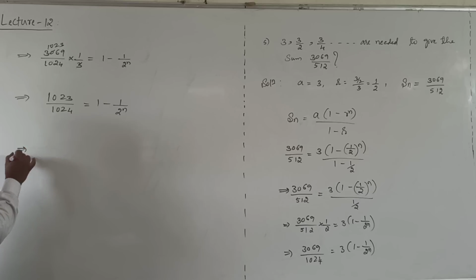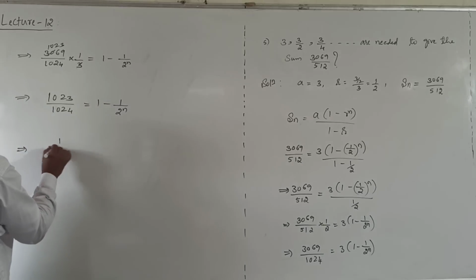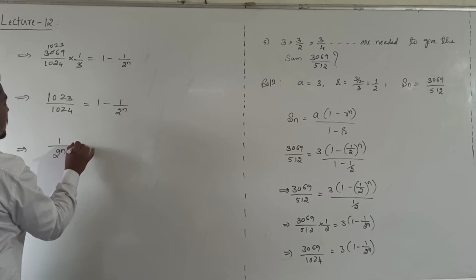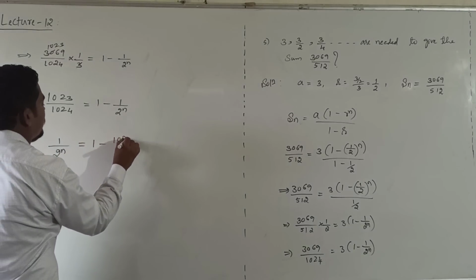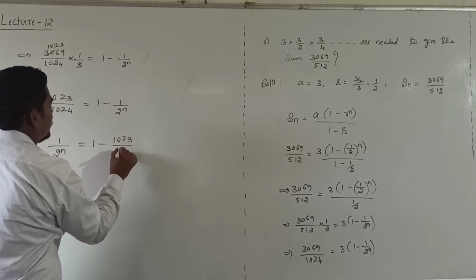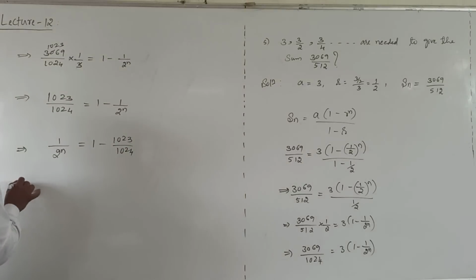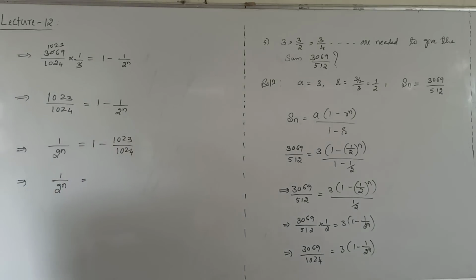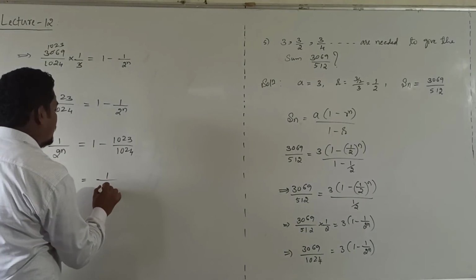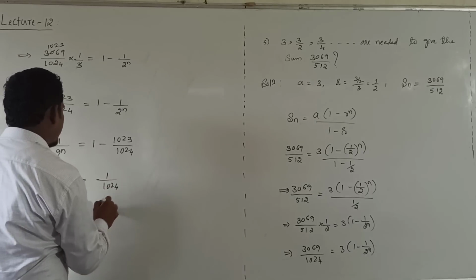Just rearrangement, send it to RHS. 1 divided by 2 power n is equal to 1 minus 1023 divided by 1024. Then, taking LCM, 1024 minus 1023, it will be 1 divided by 1024.